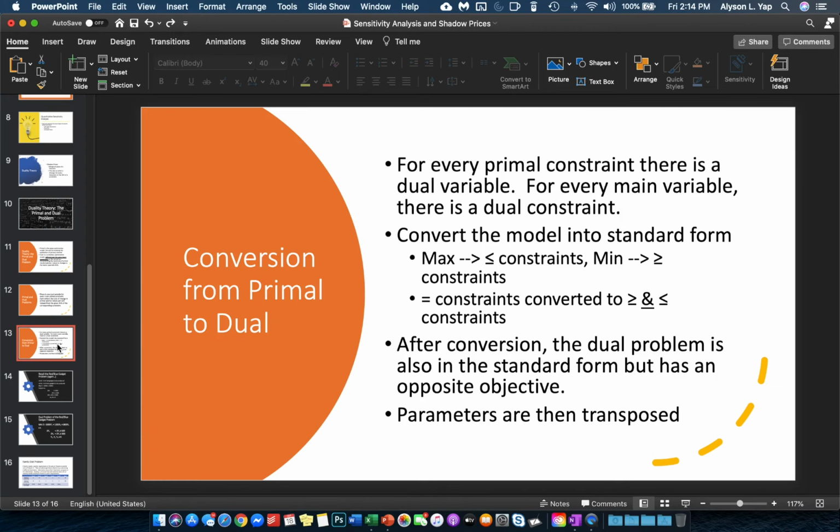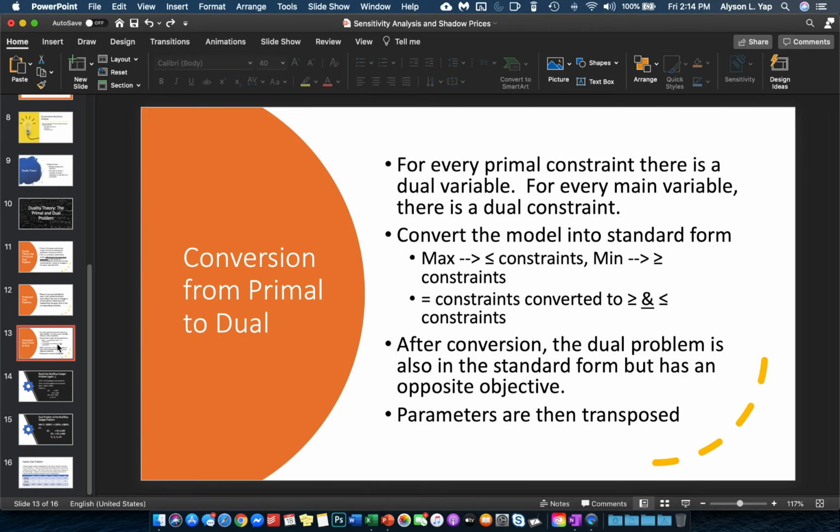And I will explain later why there will be a dual constraint for every main variable. Our focus right now is how to get the dual problem from the primal. So now we know there is a dual variable for every primal constraint, and there is a dual constraint for every primal variable.